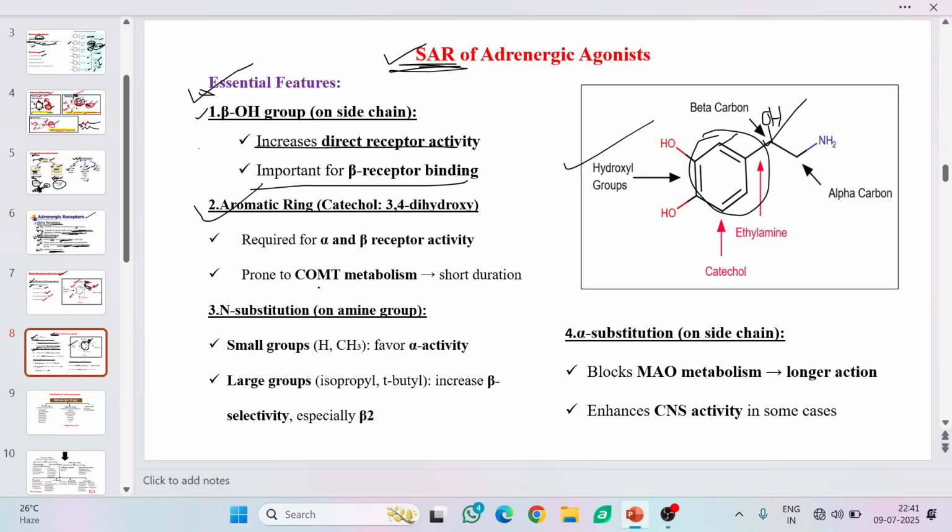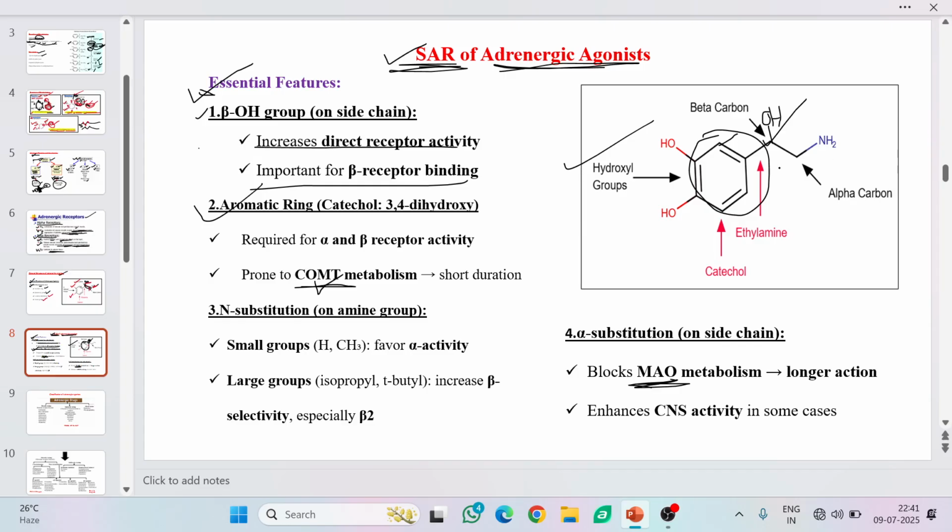Now we have to understand what this COMT metabolism is. Catecholamine adrenergic agonists are mainly metabolized by two enzymes, COMT and MAO. COMT is catechol O-methyl transferase, and MAO is monoamine oxidase.